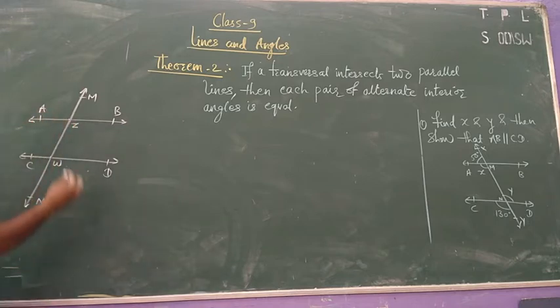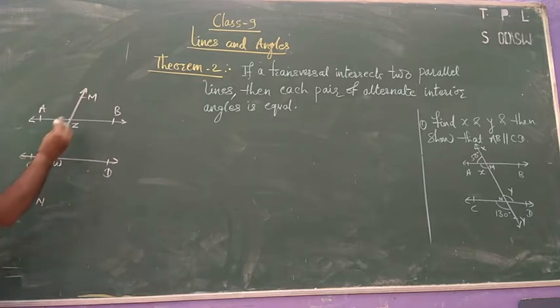Okay, then the angles on one side of the transversal, and above the lines or below the lines, are called corresponding angles. So these two angles are on one side of this transversal and above the lines, and are called corresponding angles.